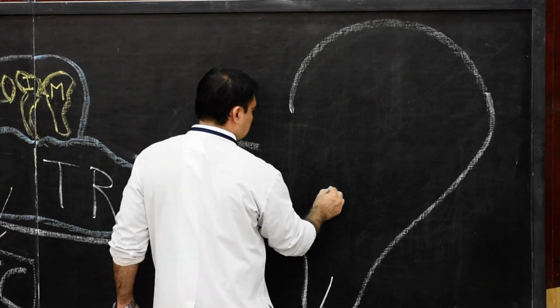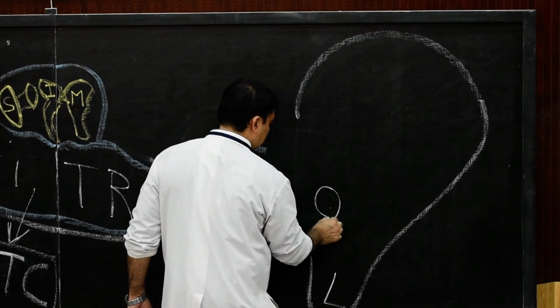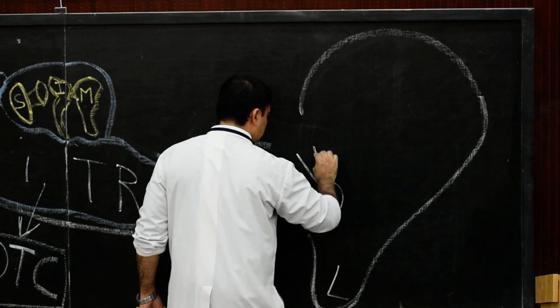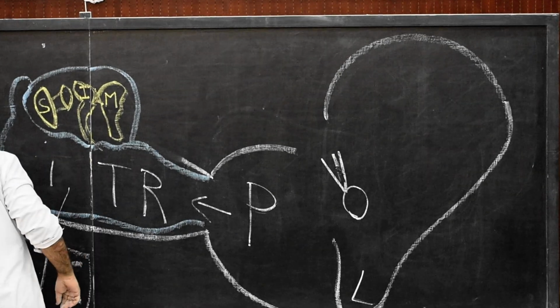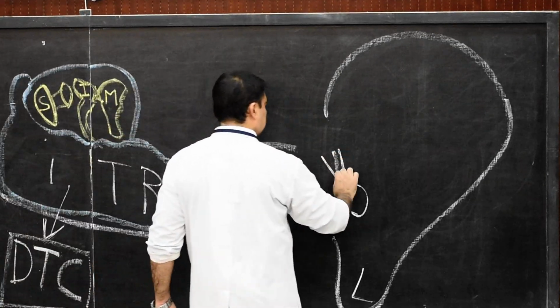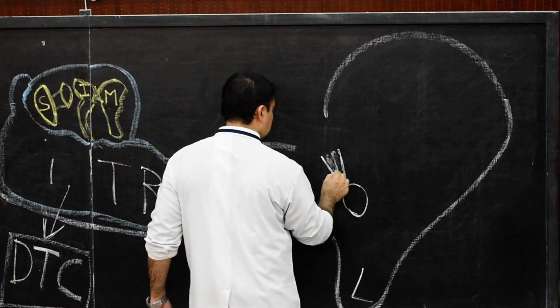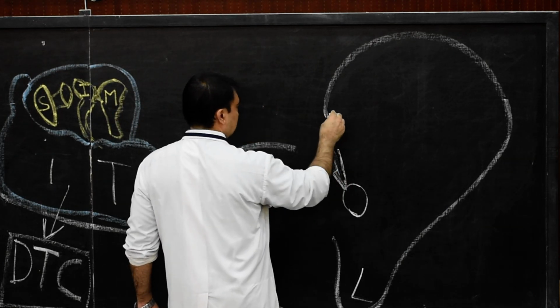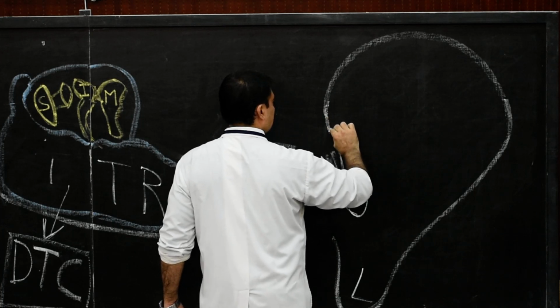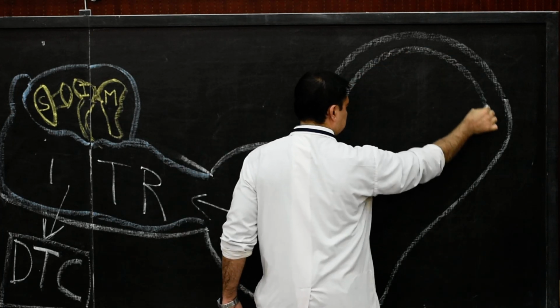Then we show here at this point this triangle, and this triangular piece we will name it as tragus. So let me write this as tragus, and here this is what we show.